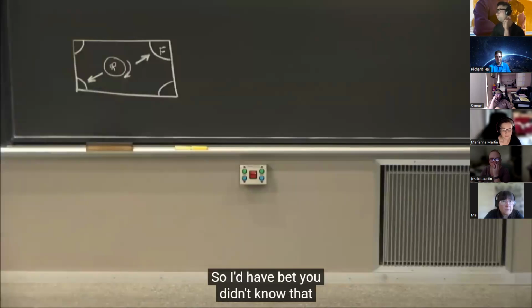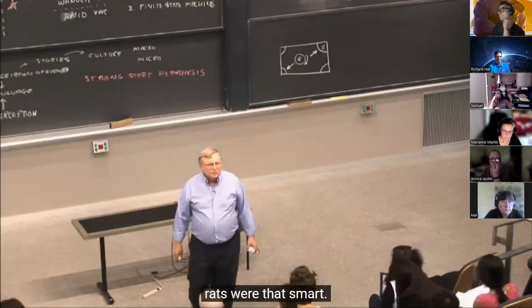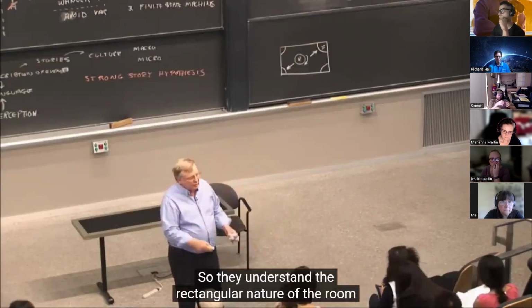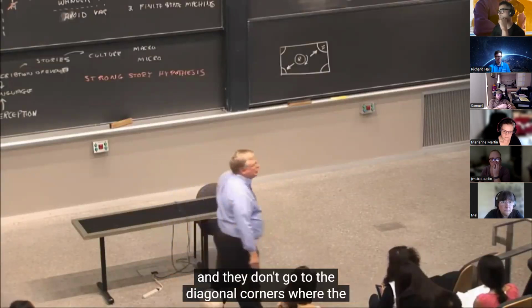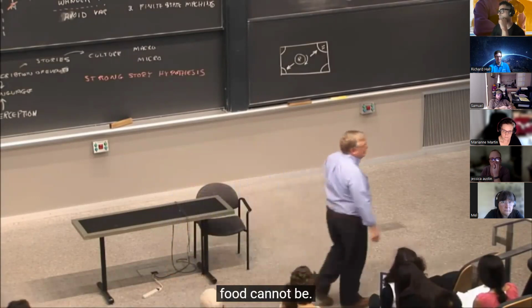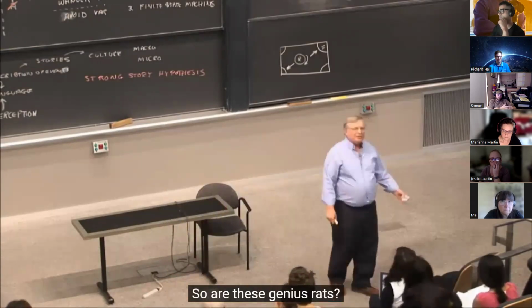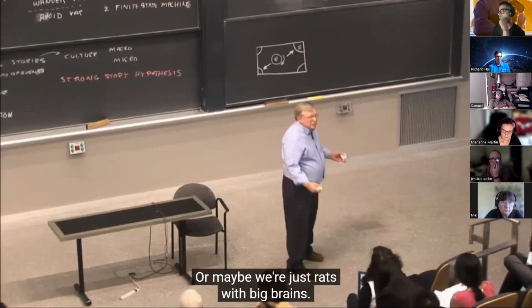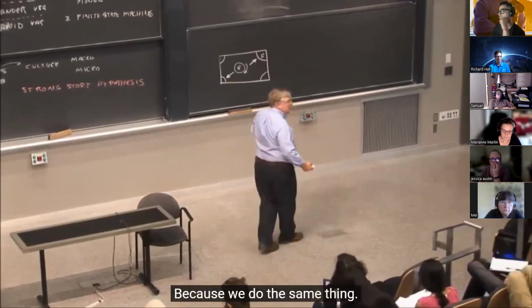So I bet you didn't know that rats were that smart. So they understand the rectangular nature of the room, and they don't go to the diagonal corners where the food cannot be. So are these genius rats? Or maybe we're just rats with big brains, because we do the same thing.